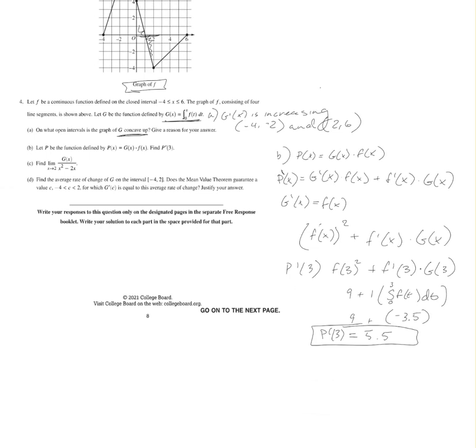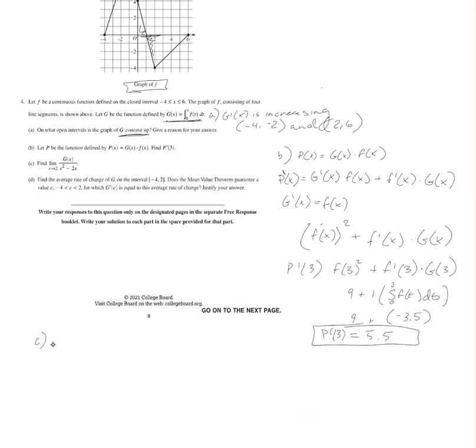So that's B. For C, find the limit as x approaches 2 of g of x over x squared minus 2x. When you plug that in, you get 0 over 0, and so we can use L'Hopital's rule. And so we're just going to take the derivative of the top, so g prime of x, all over 2x minus 2, and we know g prime of x is f of x, so we get f of x over 2x minus 2, and then we plug in 2 because we are still looking for the limit as x approaches 2.